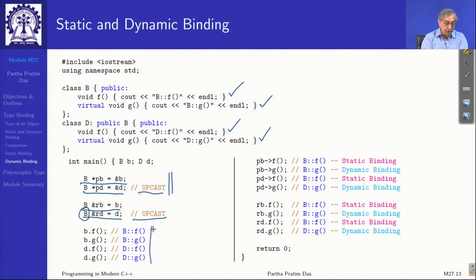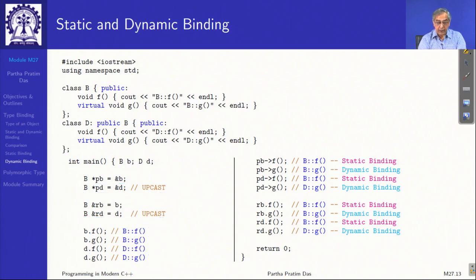Now, if I call the functions with the object directly, then they get called according to their type. So, calls from B go to B class function, calls from D go to D class function, there is no surprise in that. Now, suppose I call these functions using pointer p b pointer f.